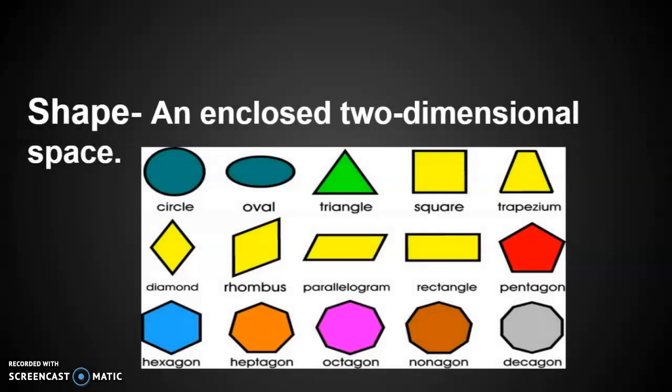Okay. Shape. Again, pretty straightforward. Look at all the different shapes. These are 2-dimensional, okay? A shape has height and width. That's going up and down and then side to side. So you would be using these to create whatever object you are selecting.